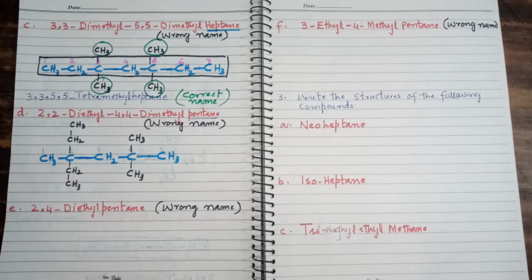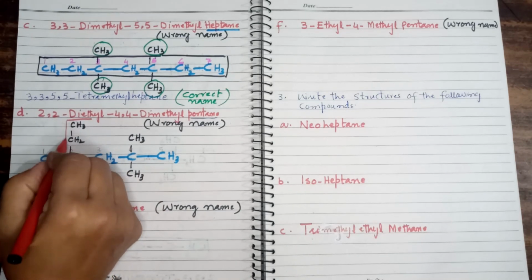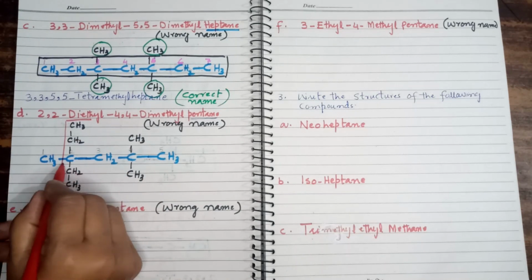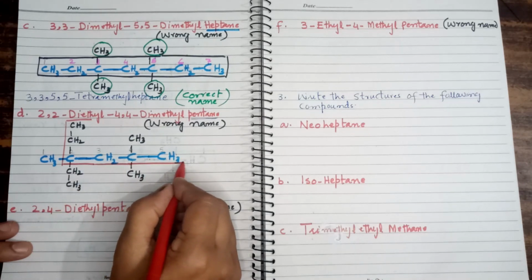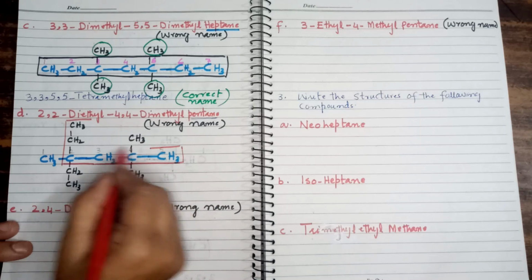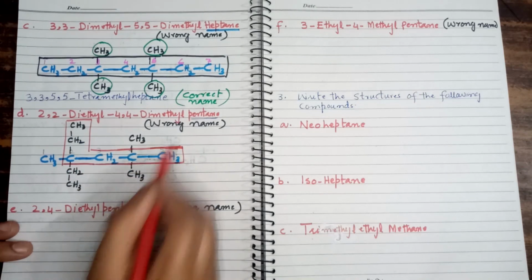So once we find the parent chain, enclose the parent chain in the box. Yes, we take this chain as the parent chain. This is the parent chain, right?